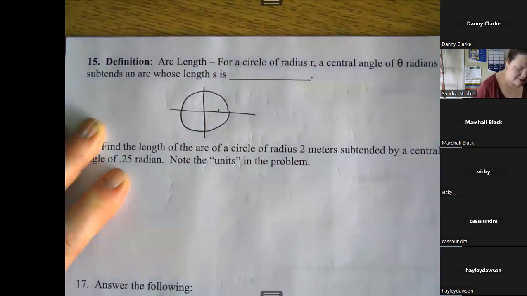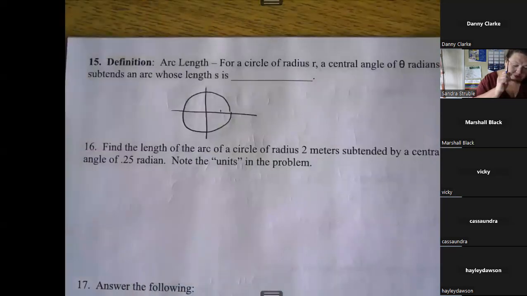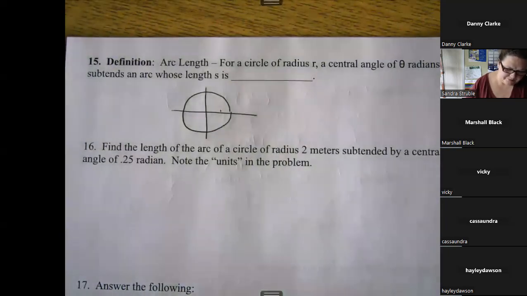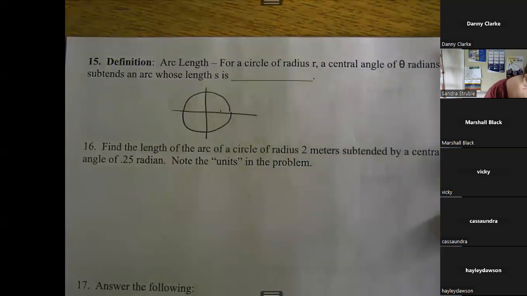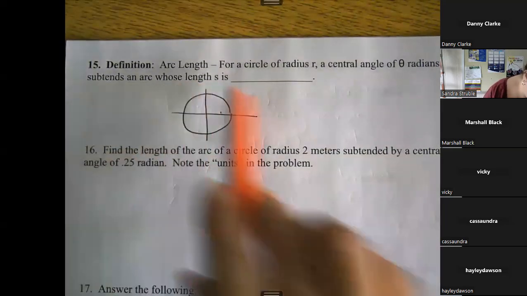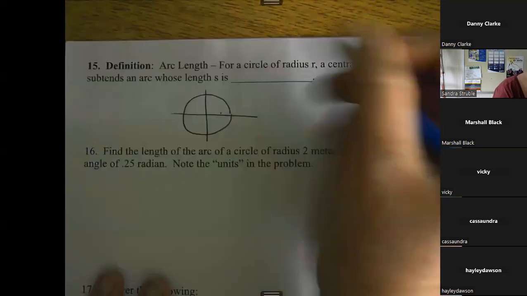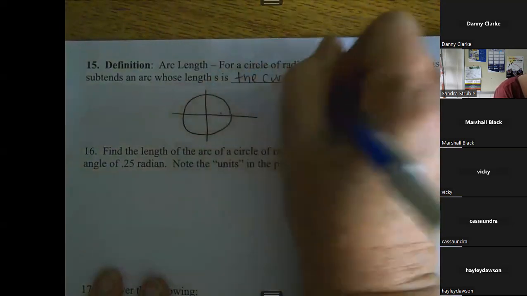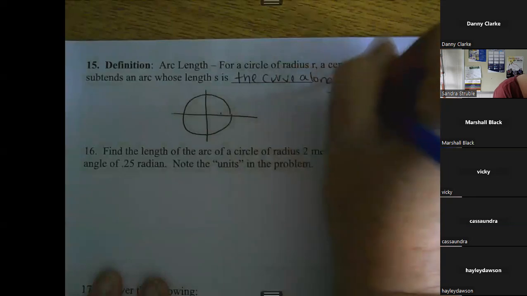I'm going to give you the formula. So theta radians subtends an arc whose length S is the curve along the arc.